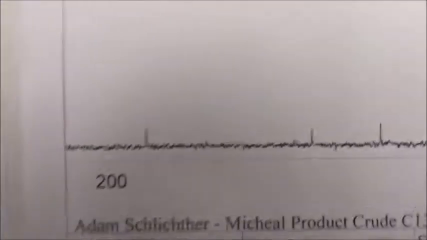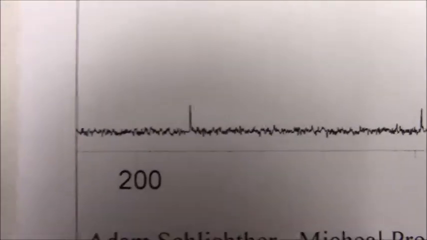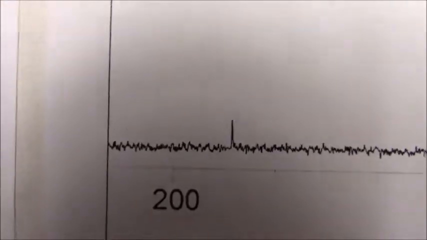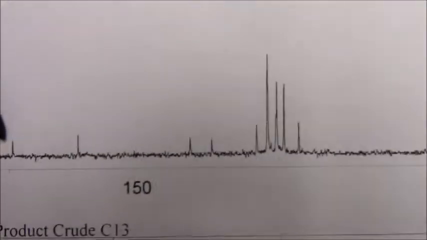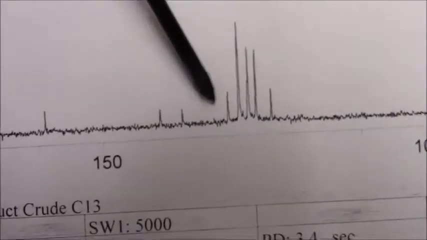The carbon 13, I didn't write the structure on this one just because you can see when you run it with enough scans, you can clearly see the carbonyl, that's the ketone carbonyl. This one would be the ester carbonyl. And then you have the shorter, stubbier peaks.